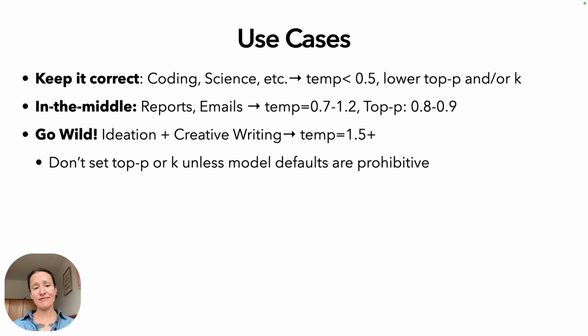So if the model defaults have a really restrictive top P or K, you might want to turn that off, set higher levels. So top P, obviously the highest you can go is 1. K, it probably depends on your serving how high your K can be. So take a look and figure out what is the maximum K you can set.